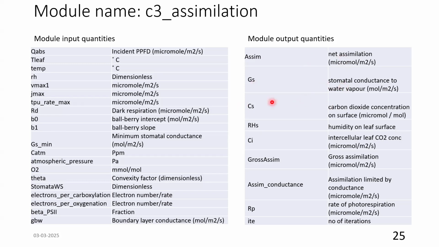We also get the carbon dioxide on the surface and the relative humidity on the surface. We get the intercellular leaf carbon dioxide concentration, the gross assimilation, the assimilation that is limited by conductance, and the rate of photorespiration. So all of these output quantities can be obtained if we give the inputs of the ACI and AQ curves. In order to run this module, we are using the FVCB equation and the Ballberry equation.